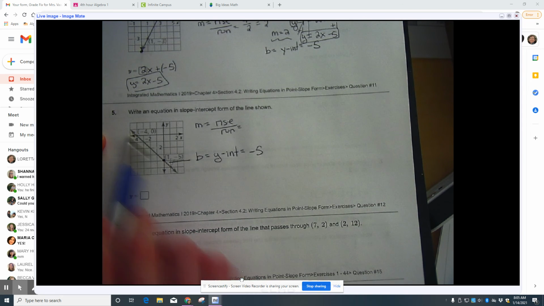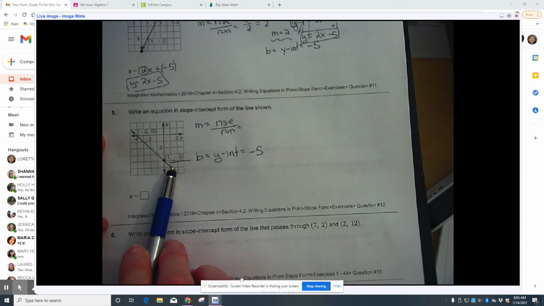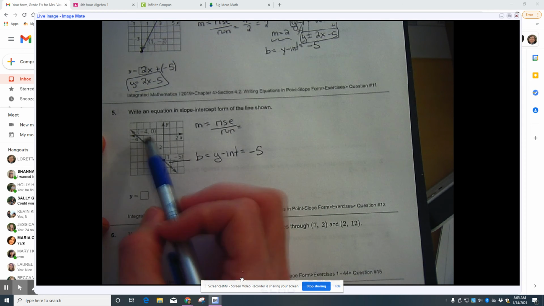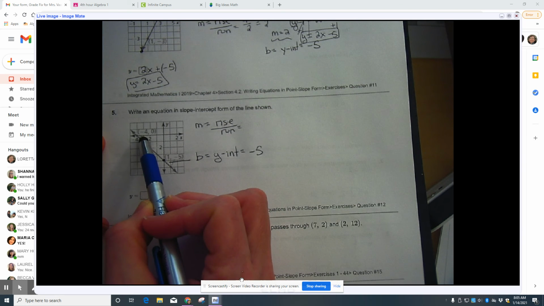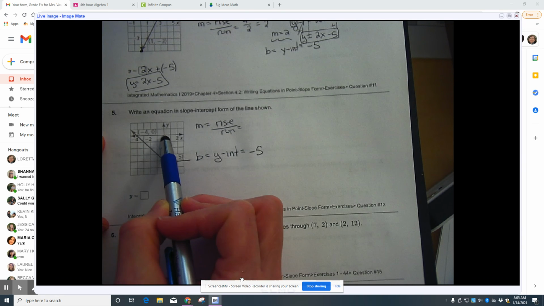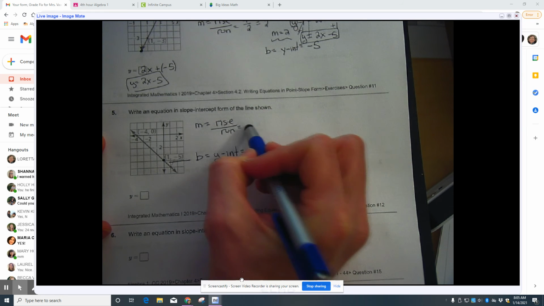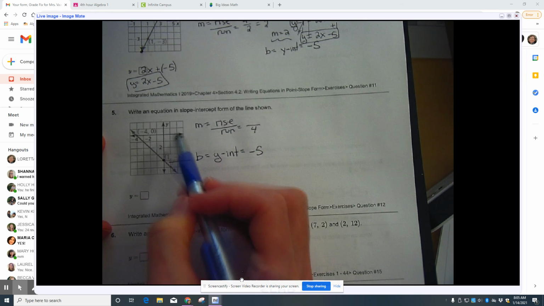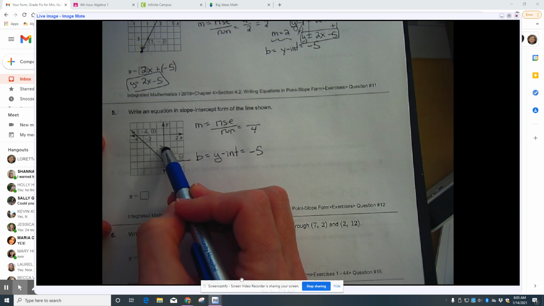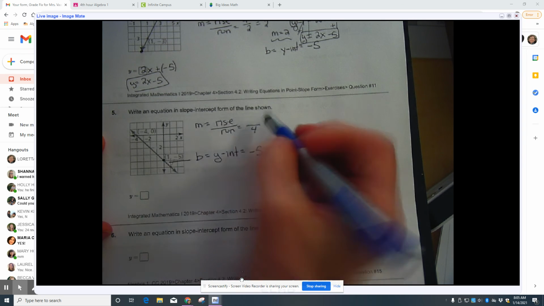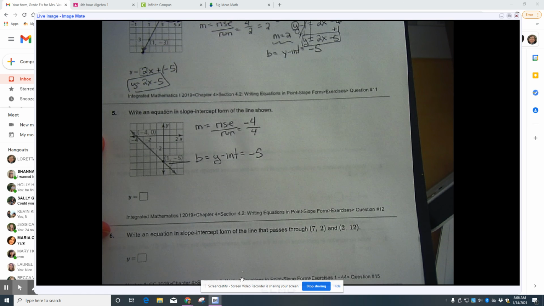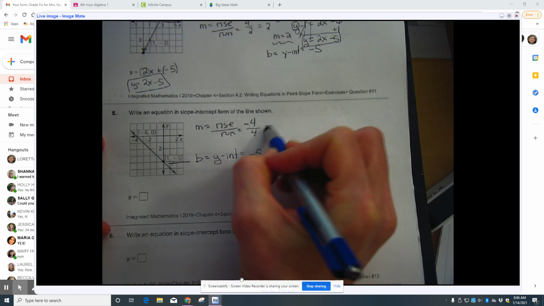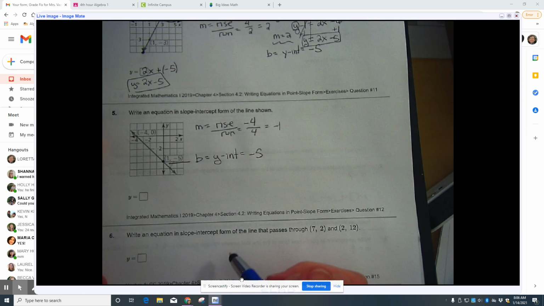When I look at this, this is a negative slope. So I'm definitely going to have a negative number here. I'm going 1, 2, 3, 4, right and left. That's my run. And then I'm going down 1, 2, 3, 4. And I'm going down, so my rise is negative. Negative 4 divided by 4 is negative 1.